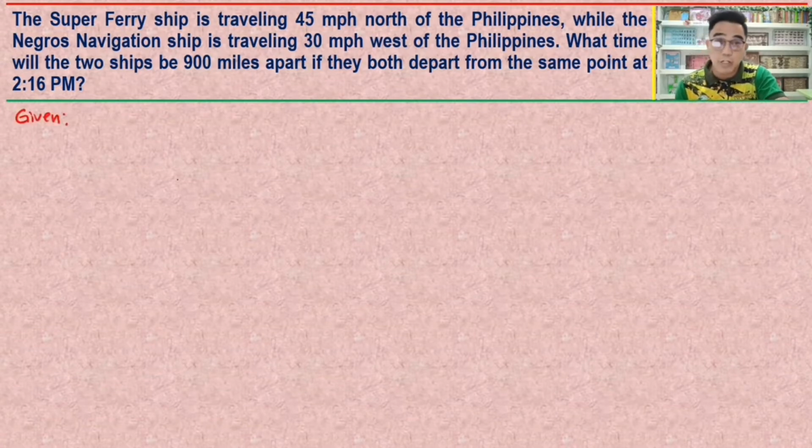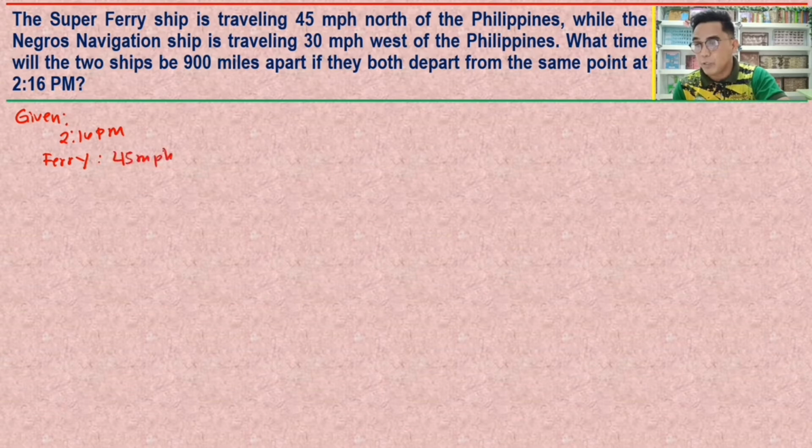We knew that there are two ships which will be leaving the same point in a separate way or opposite direction at 2:16 p.m. Ferry is going north with a rate of 45 miles per hour, while the Negros navigation is moving west with a rate of 30 miles per hour.